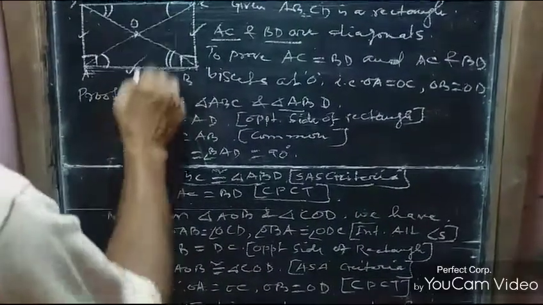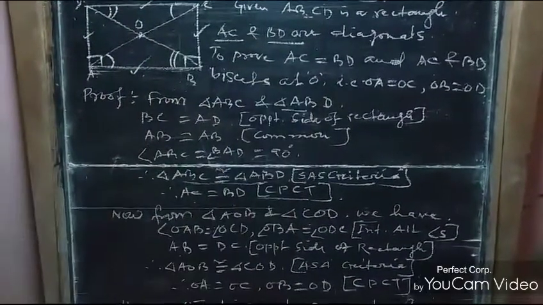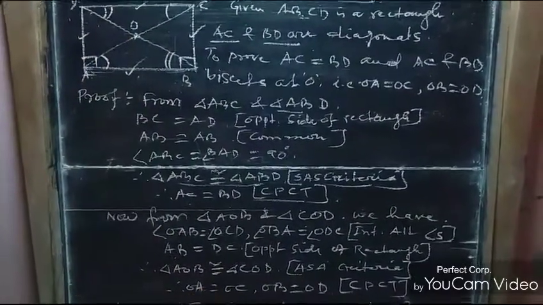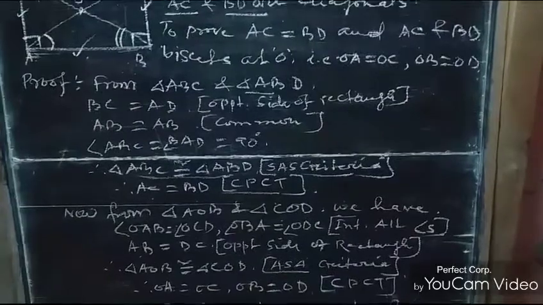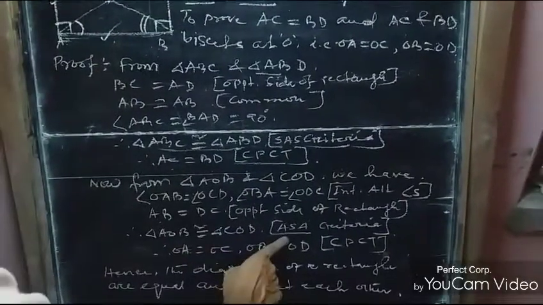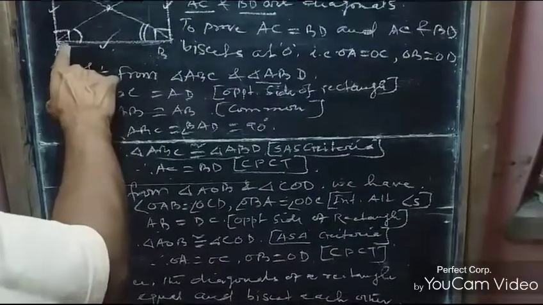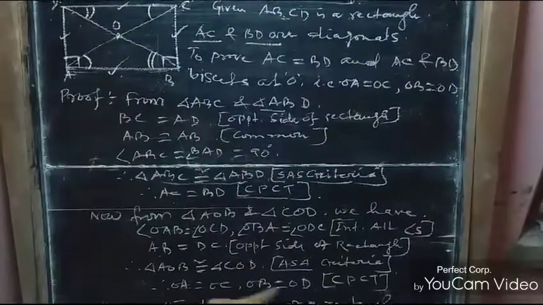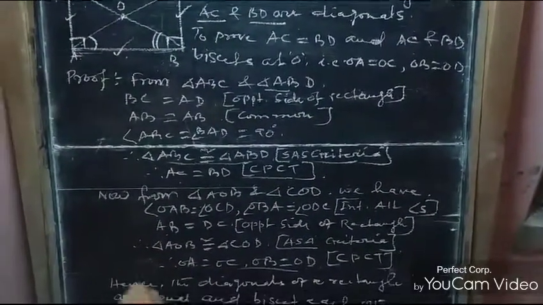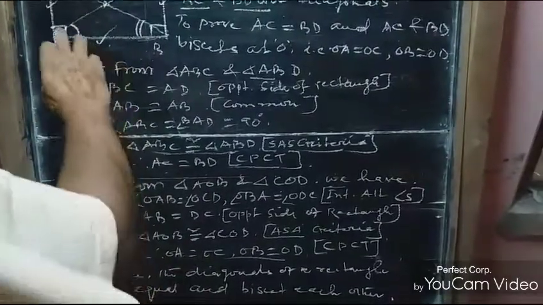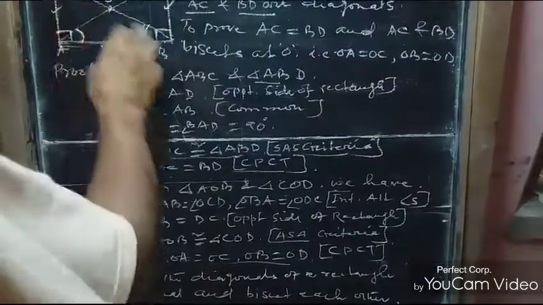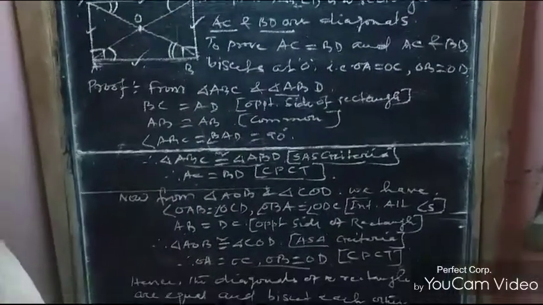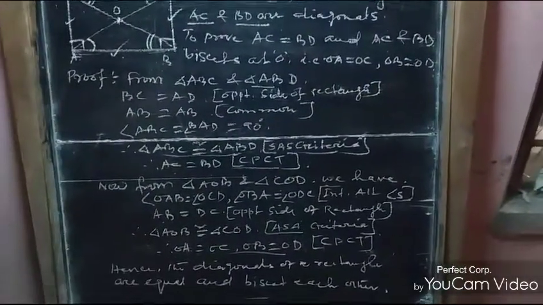These are the opposite sides of the rectangle. So we can tell these two triangles are congruent by the ASA criteria. Then AO equal to OC and OB equal to OD. Hence we conclude that the diagonals are equal, AC equal to BD, and the diagonals bisect each other at O. So this is the proof.